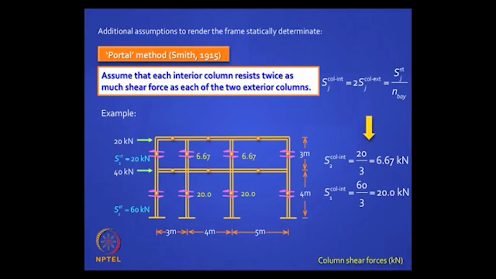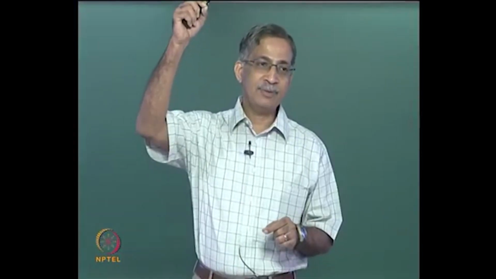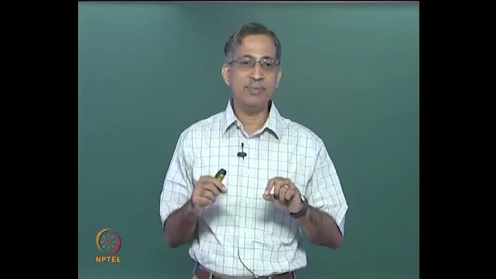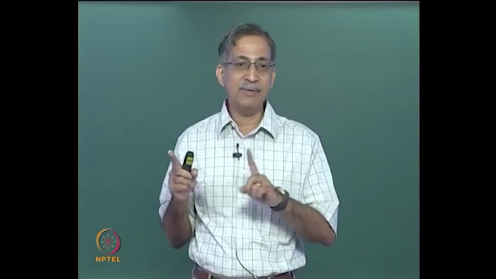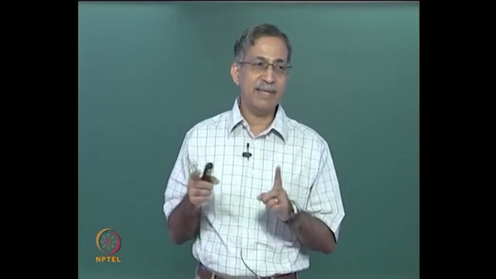Multiply these shears by half the respective story height. So you can mark them, they will all be anti-clockwise, remember our discussions, they will all be anti-clockwise, which means at the top of the column and the bottom of the column in any story you have to put equal numbers, and the exterior column will have a moment which will be half that of the interior column.